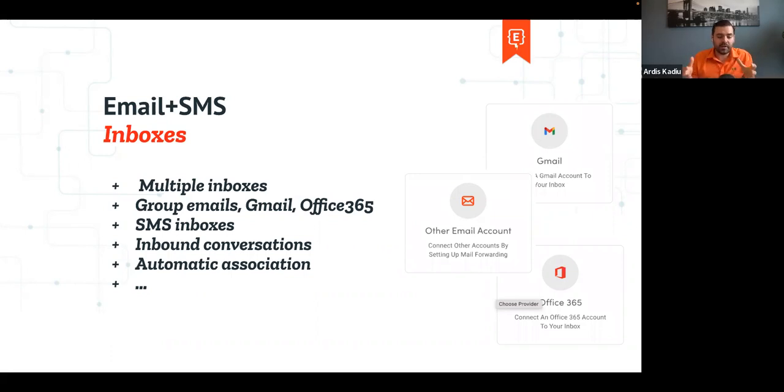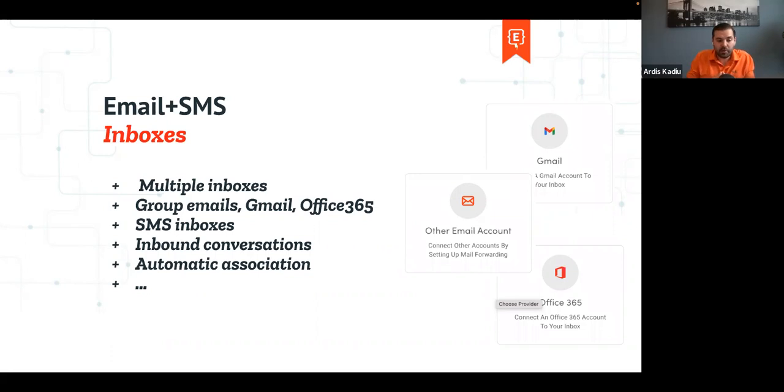Well, that required a lot of work, and we have taken some time to think about it. The conclusion we came to is that not only do we need the ability to do that for one email, but we need the ability to have multiple inboxes. We're calling them inboxes.